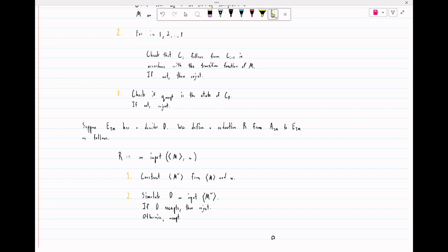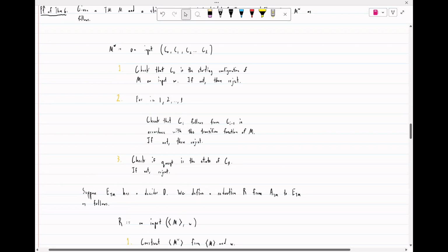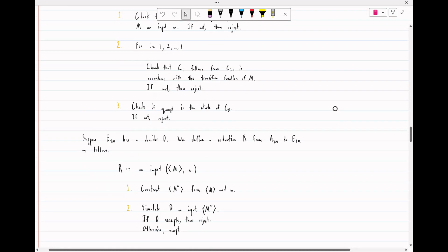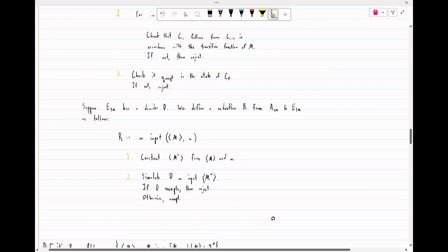We're only constructing it, only writing its encoding so that we can feed it into D. Our job isn't to run it. All we care about is feeding it into our decider.